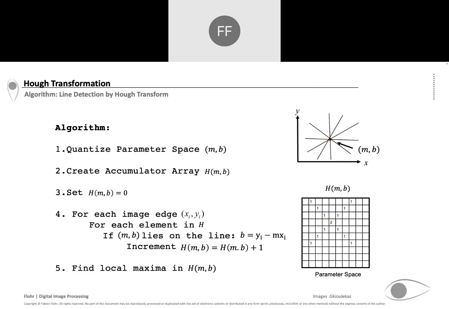Extending it to three lines, we would have three votes here, with three lines crossing in this intersection, and so on. And this is all. This is the complete algorithm already.